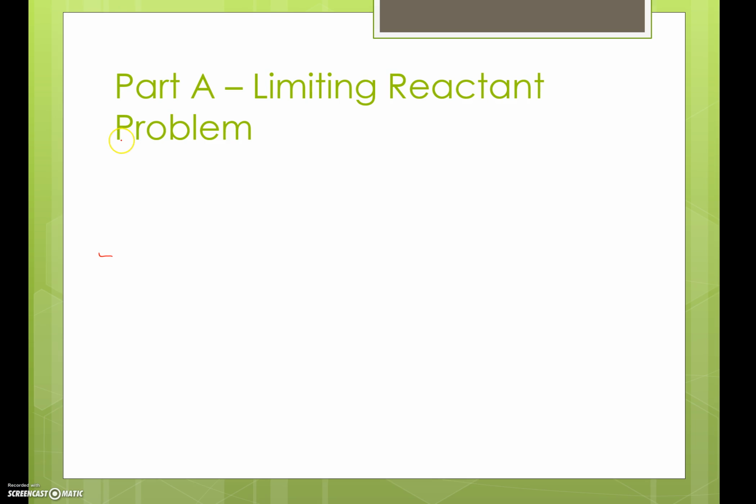So again, let's list what we have in our new solution. We have the formic acid, and we have the formate ions in our buffer solution. We also have the sodium ions, but that's not going to be part of the problem, so we won't include it. And now we're going to add hydroxide ions to that buffer solution.